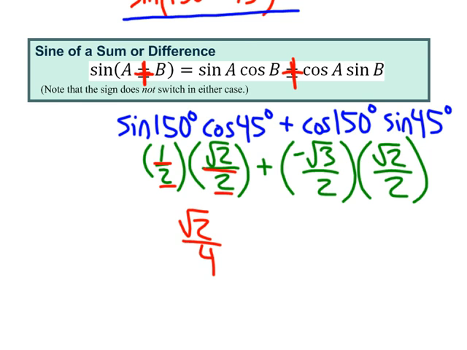And notice that when you use these sum and difference identities, you'll pretty typically end up with a common denominator. So I'm just going to extend this fraction bar. And look at the numerators over here in the second term. Negative root 3, positive root 2. That gives me a minus root 6.